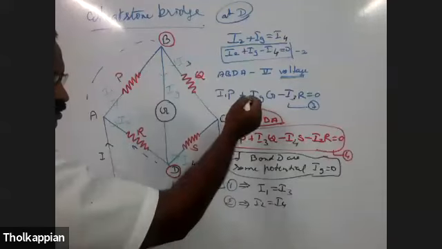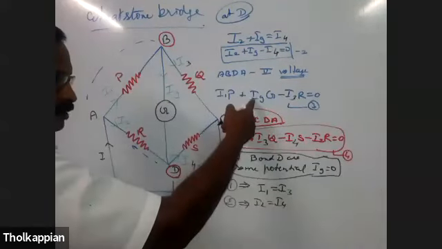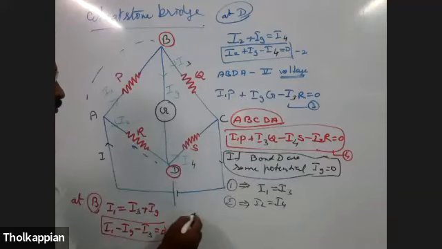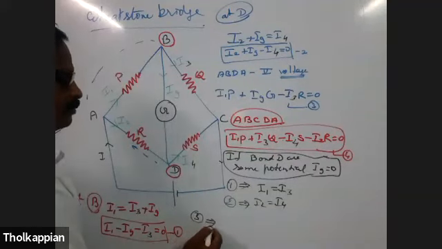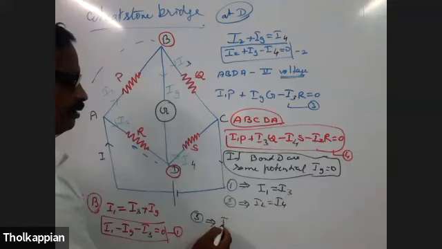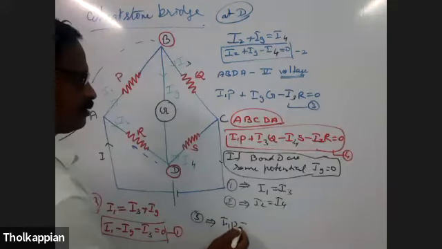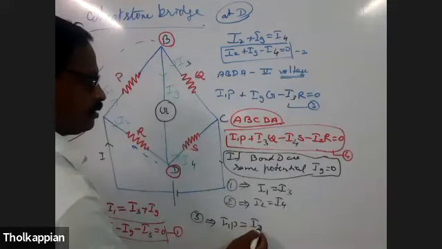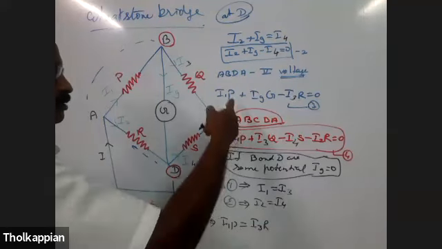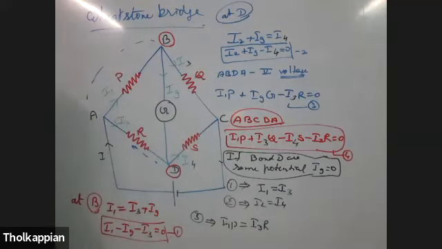Okay. Consider equation 3. If you are applying here Ig is equal to 0, I1P is equal to I3R, because this value became 0. Okay, next.